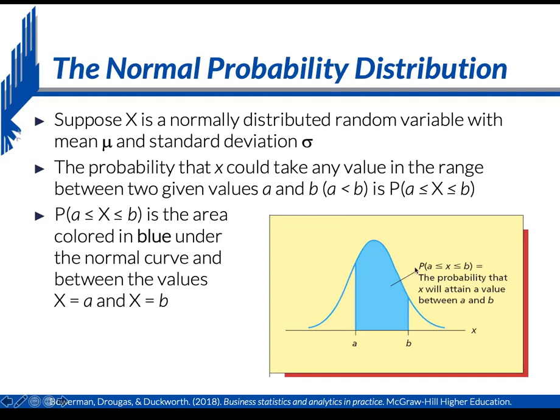And this is specifically the probability that a normal random variable x will have a value that is between this value and this value. So again, just like any continuous probability distribution, the total area under the curve of a normal probability distribution is also a probability.